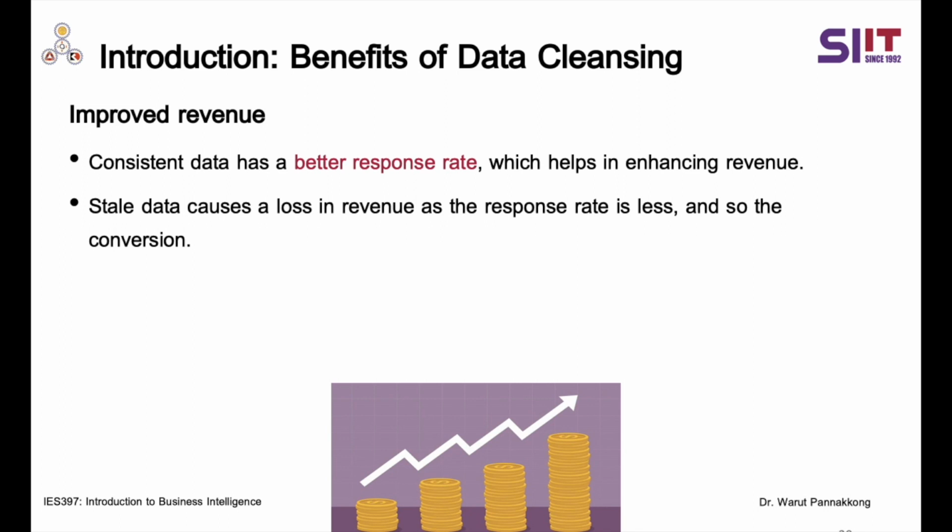On the other hand, stale or rotten data will cause a loss in revenue as the response rate is less, meaning if we follow the decision that's suggested, it's not going to hit the target because the data is bad.